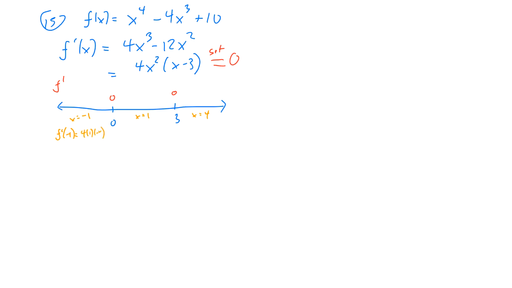That's negative 16, but I guess all I really care about is the fact that it's negative. If I plug in 1, I get 4 times 1 times negative 2, and that's a negative number. And if I plug in 4, I get 4 times 16 times 1, which is positive. Does everything look right so far?